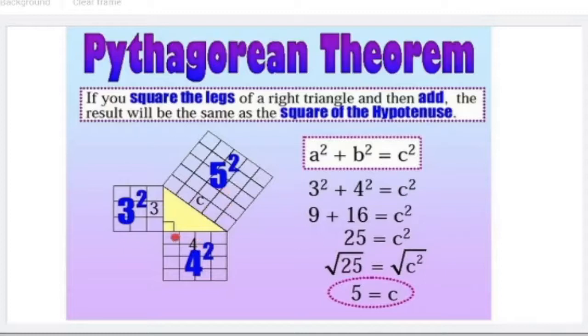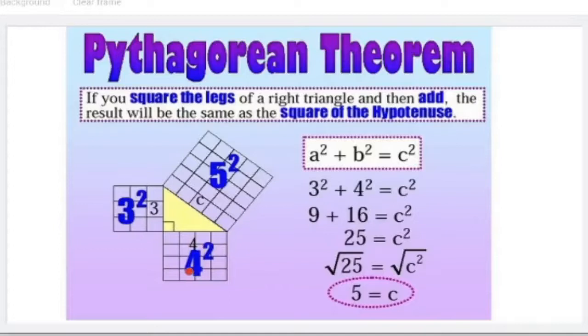Suppose we are taking the squares: a square means here 4 square and b square, that is 3 square. 3 square means here you can see this line divided into 3 small squares. So 3 square means 3 into 3, so here we have 9 squares. Here we have 4 into 4, that is 16 squares.